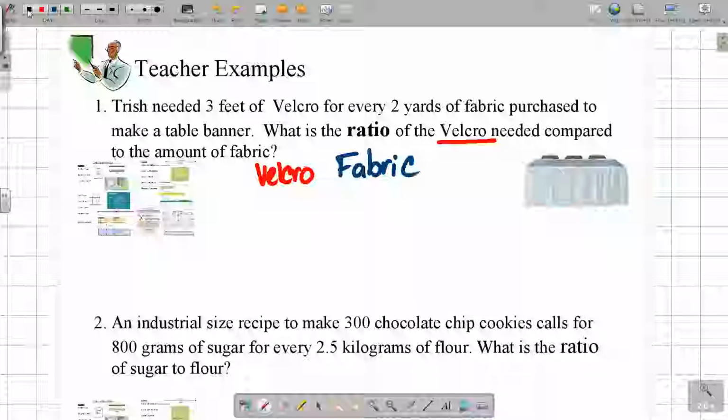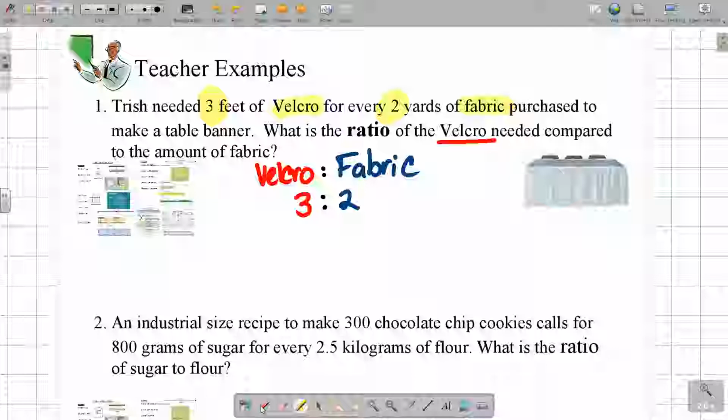Now, this is where mistakes are made. You read it, and the only thing your eyeball picks up are these numbers, and then you do something like this. Oh, the ratio of Velcro to fabric is 3 to 2, because there's a 3 there, and you see the word Velcro, and there's a 2 there, and you see the word fabric.